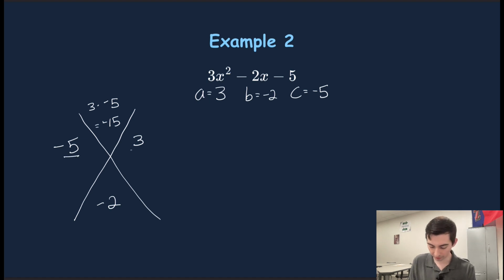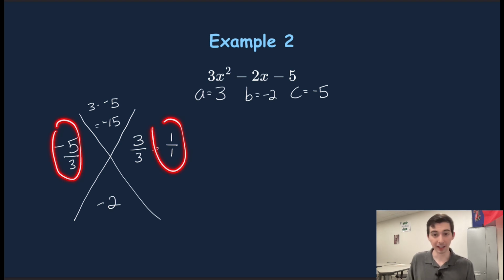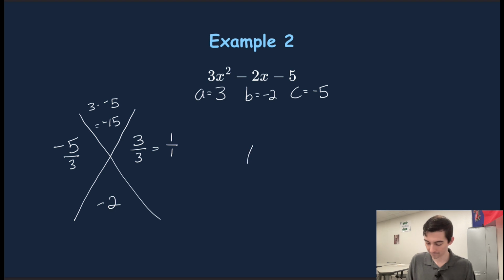So now we're going to divide both of these by a, which in this case is 3. So I'm going to divide both of these by 3. Now let's see if we can simplify any of these fractions. Negative 5 over 3 can't be simplified, but 3 over 3, we can simplify this to 1 over 1. So now I can use my two fractions to get my two factors. Again, remember the bottom of these fractions tell us how many x's we have.